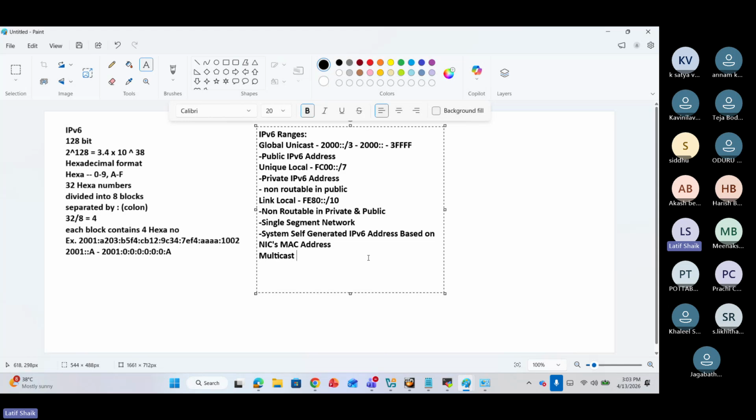Next, multicast. Multicast addresses, like class D, right? In IPv4, class D is the multicast address range. So here also multicast addresses are for the same purpose, to communicate in a group, one to many or many to many. For example, I have 10 routers configured with RIP version 2.